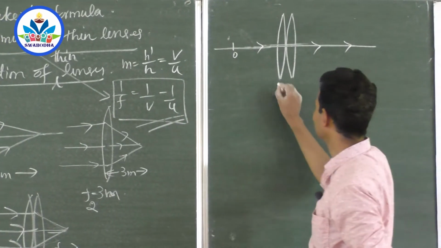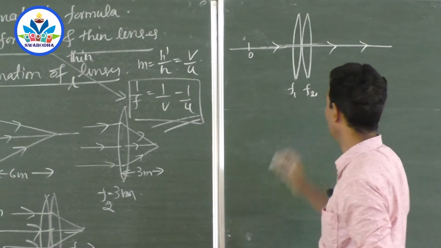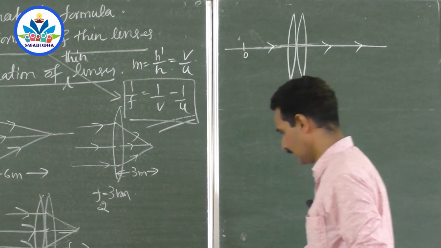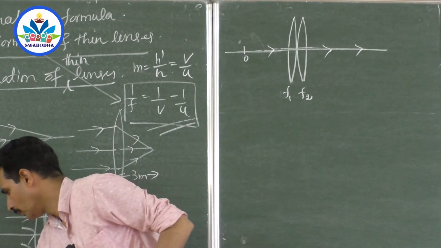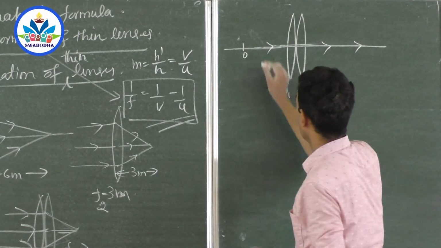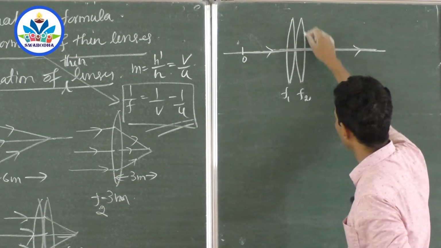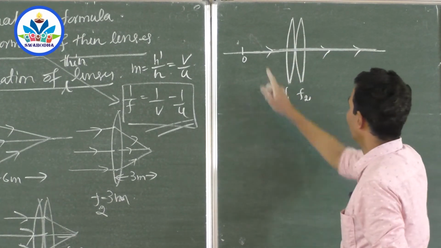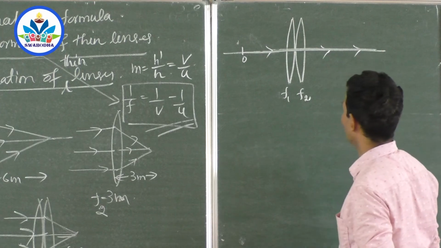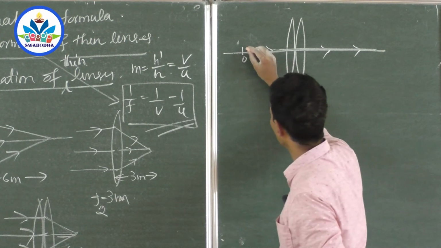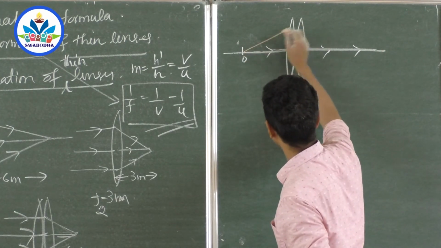Take two thin lenses in contact, and f1 and f2 be the focal lengths of the two lenses. Take two rays of light. One ray passes along the principal axis, normal incidence because it lies on the centers of all the surfaces and angle of incidence is 0, so it passes undeviated. Another ray of light is incident like this.